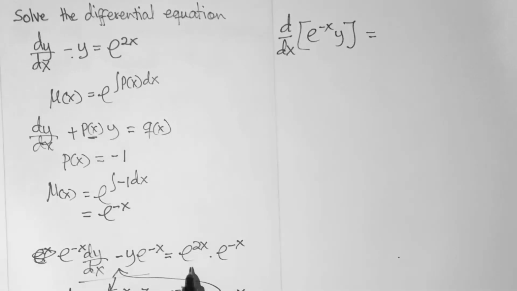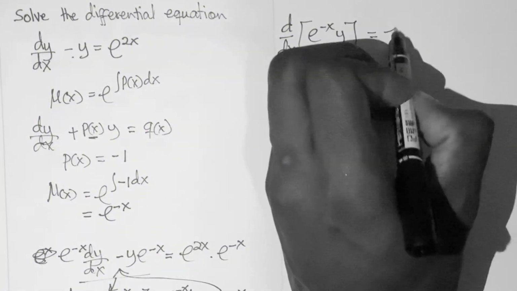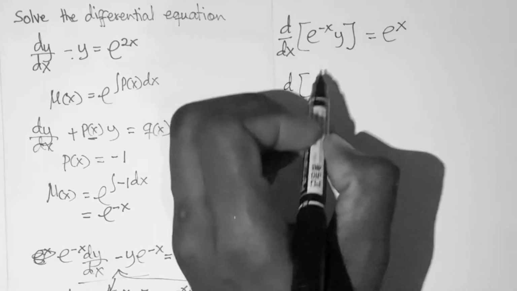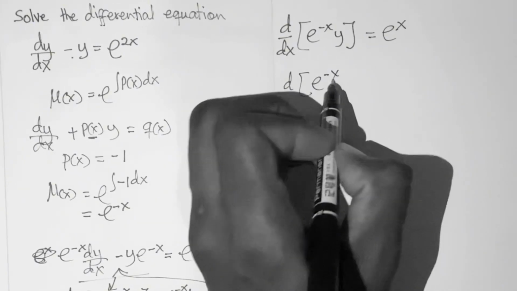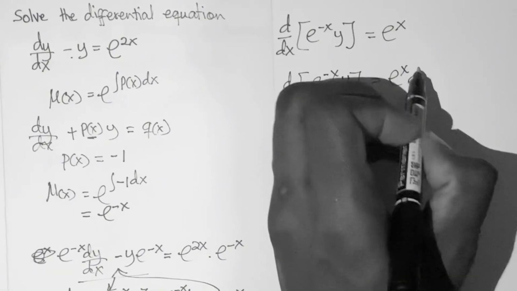So the differential equation becomes d/dx of (e^(-x)y) equals, if you evaluate this, e^(2x) times e^(-x), which is e^(2x-x), which becomes e^x. Multiplying through by dx, it becomes d(e^(-x)y) equals e^x dx.